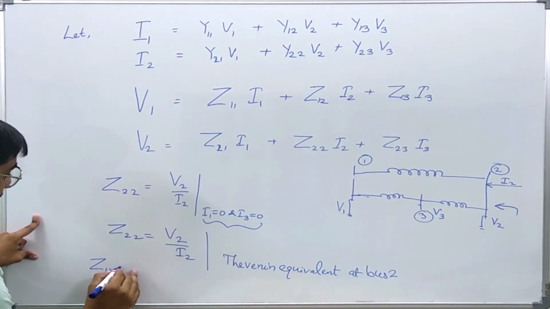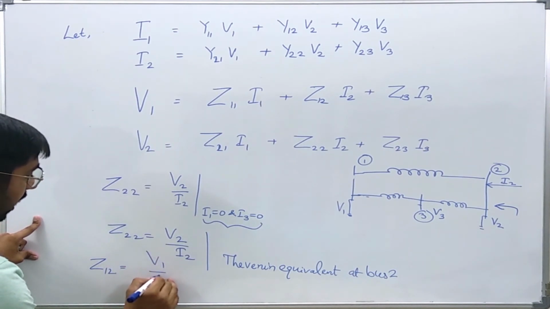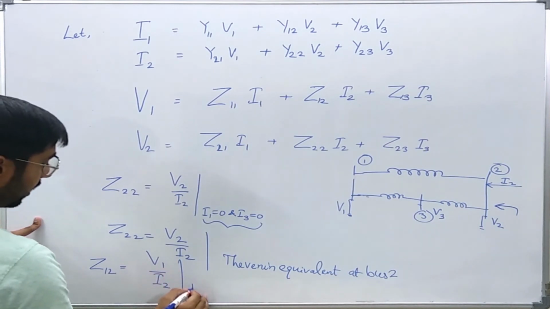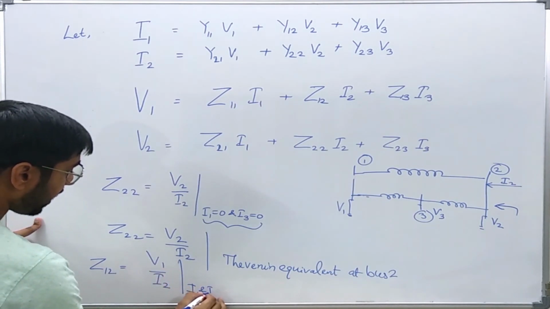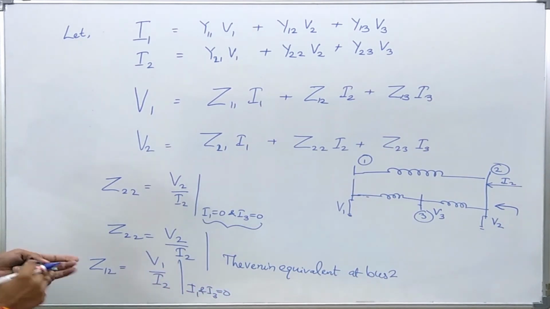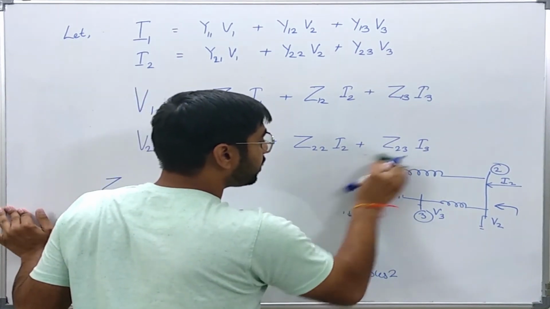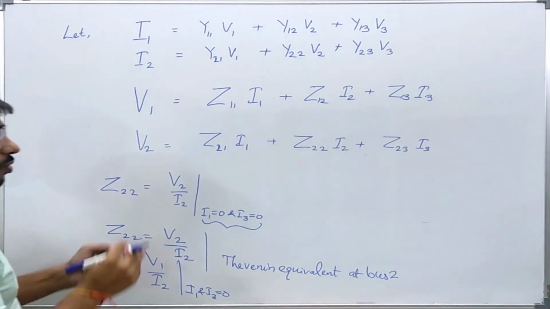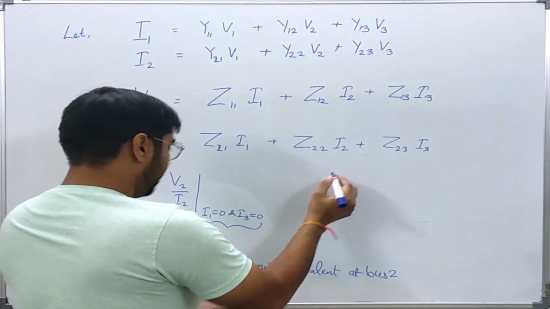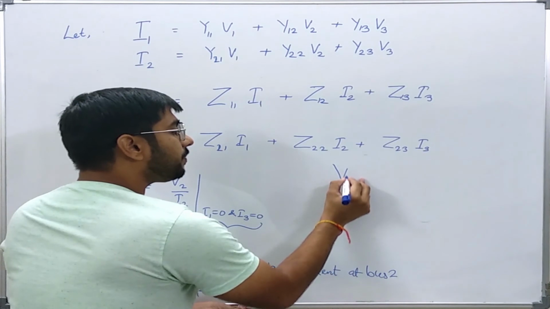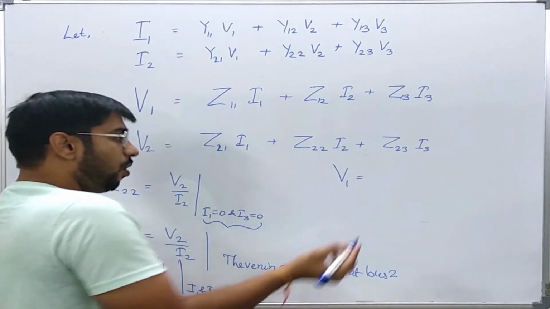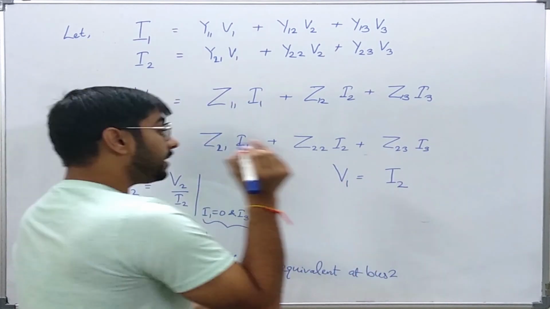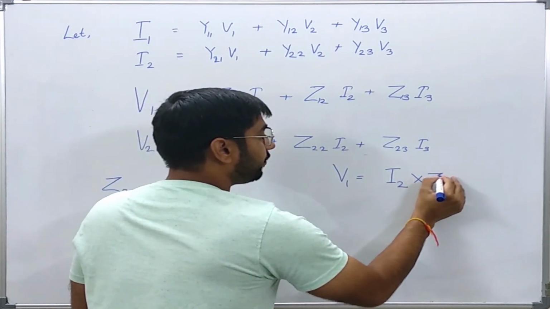Z12 will be nothing but the ratio of V1 over I2 when I1 and I3 are 0. So this Z12 will try to give me the voltage at bus 1 when only the effect of source current at bus 2 is considered.